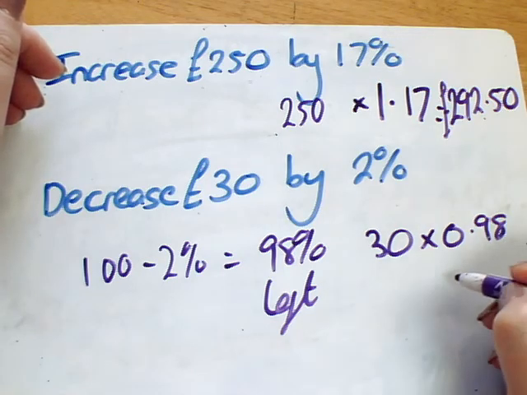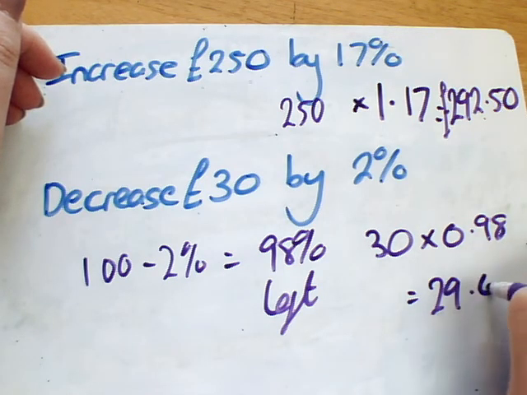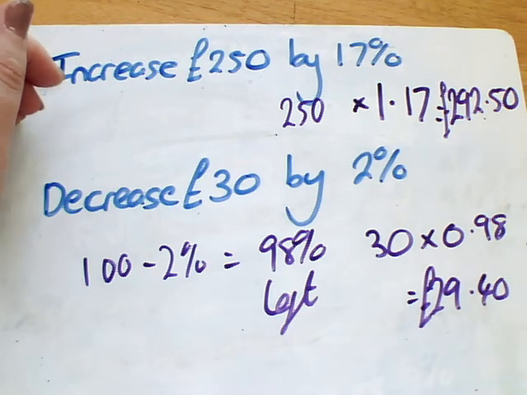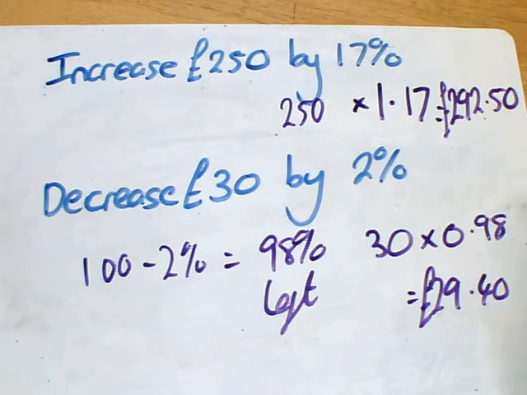Which is £29.40. Okay. Now this is the best method to use if you have a calculator. Okay, if you don't, you'll need to do it the long way. But if you have a calculator, this is the quick and easy method. And when you do things like compound interest, it's going to make life so much easier. Okay. Good luck. Let me know if you need any more help.